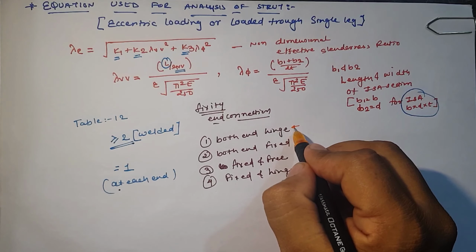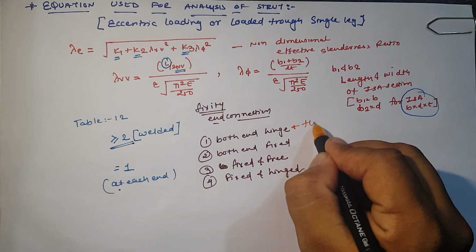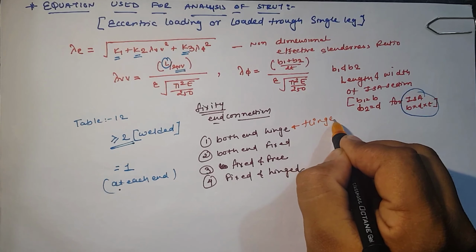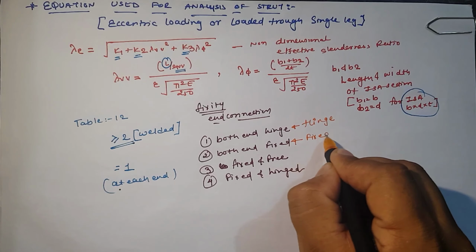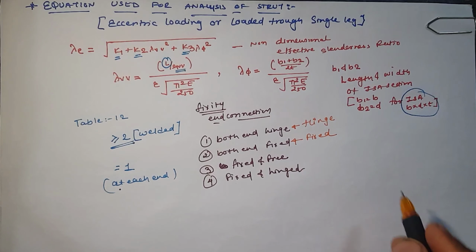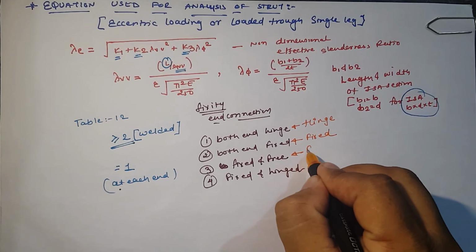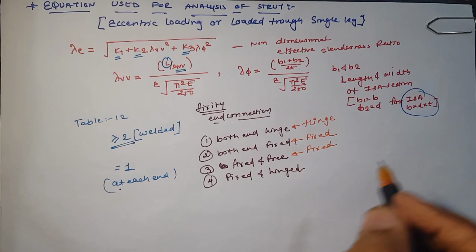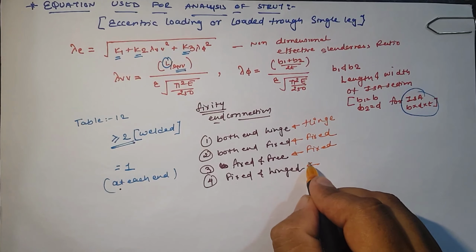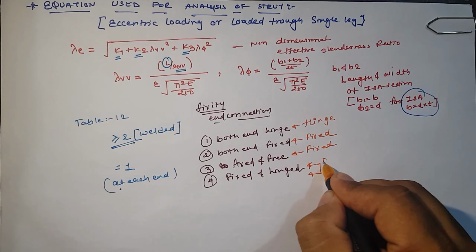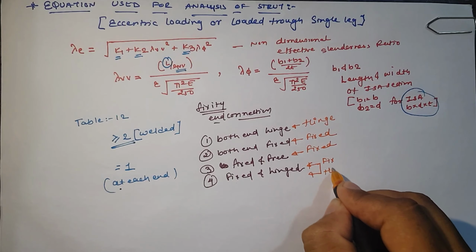So for the first condition, we have to assume hinge as the fixity. For the second one, we have to assume fix as the fixity. For the third, again fix as the fixity. And for the fourth, there are both possibilities. It means that we have to assume either fix or hinge.